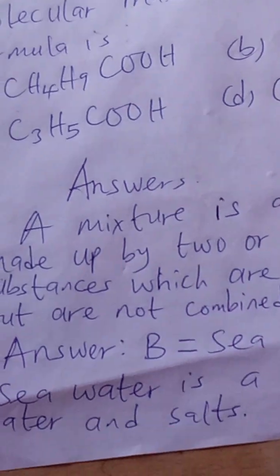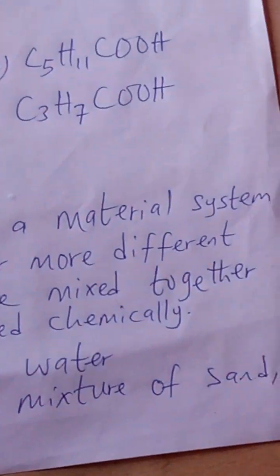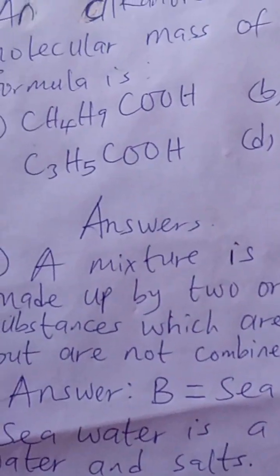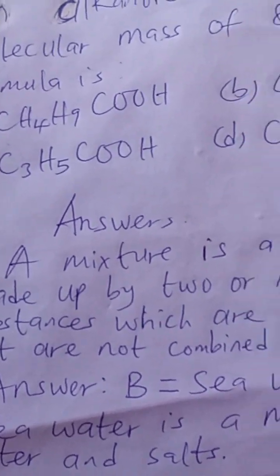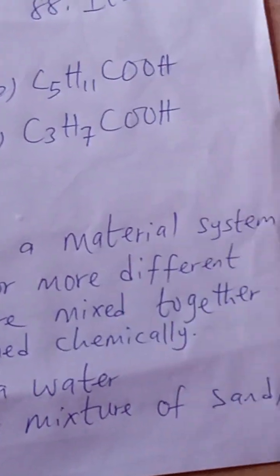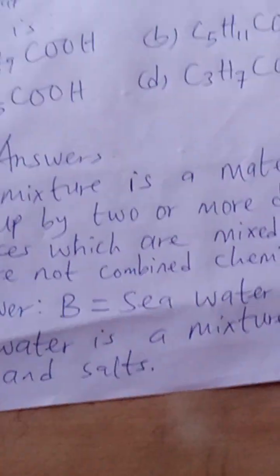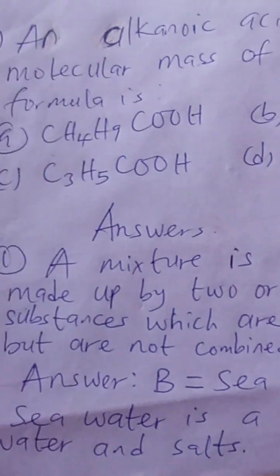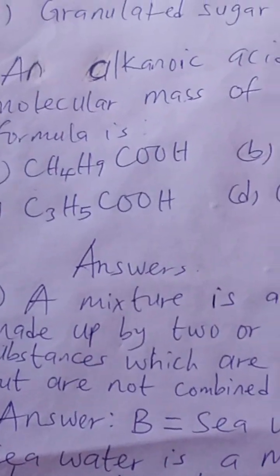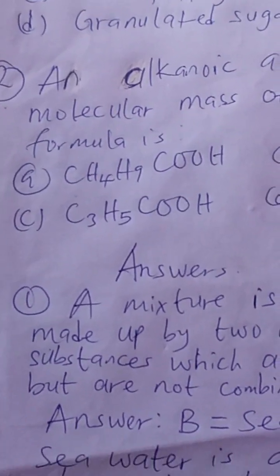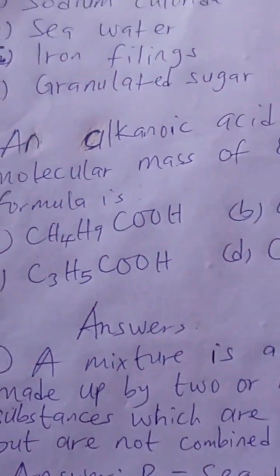substances which are mixed together but are not combined chemically. So a mixture is a substance which is not chemically combined together, but is made up of two or more different substances.